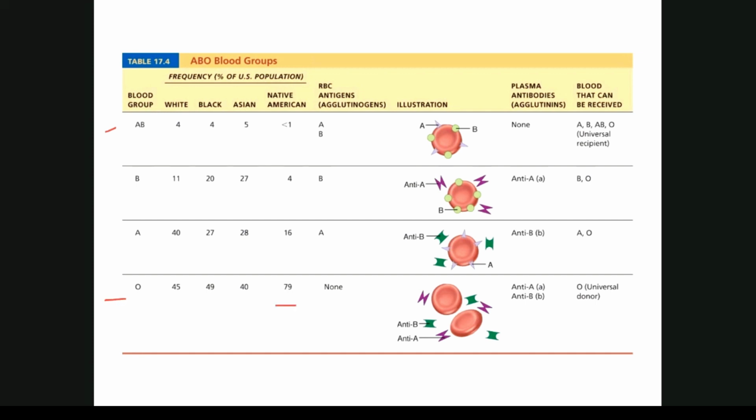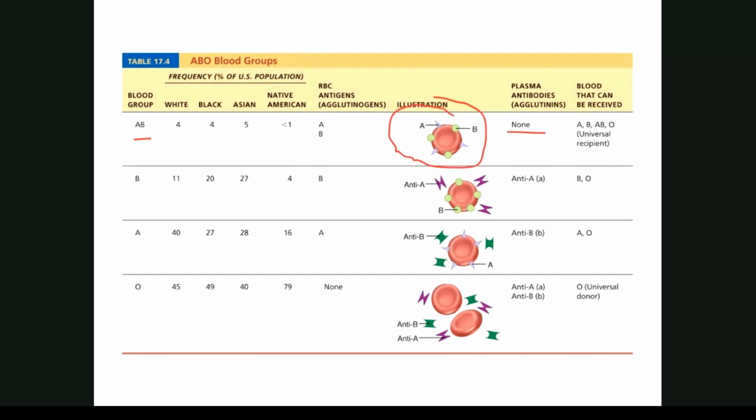Now, the antigens are these little things pictured on the red cells. It's an antigen. And what the antigens are, they're kill me flags. It says, please, antibody, come attach to me, make me clump to my teammate, and I'll die. So type AB blood has antigens A and B, both on the red cell. It makes no antibodies.